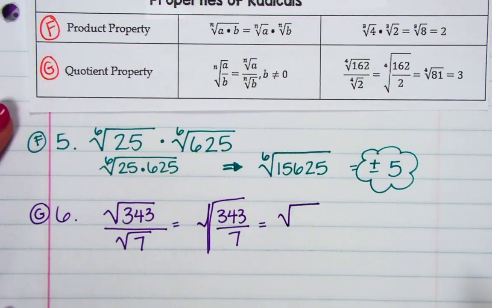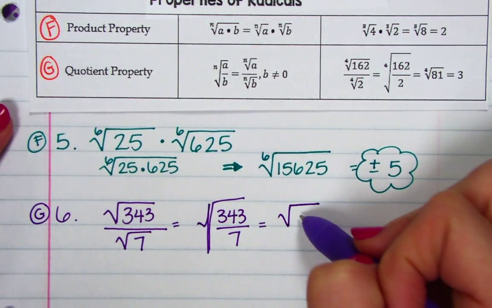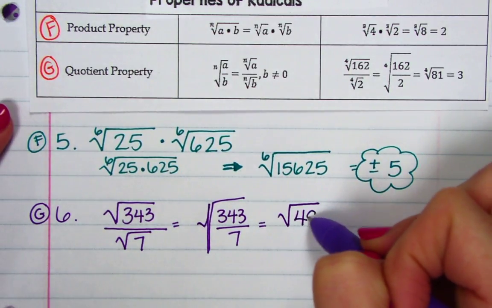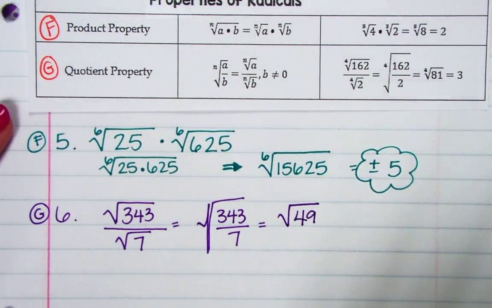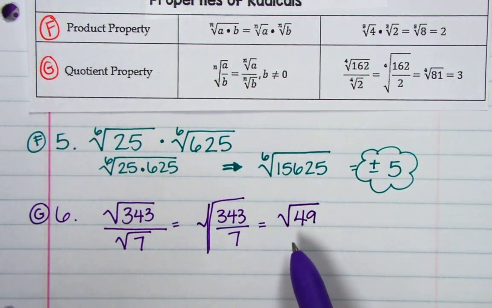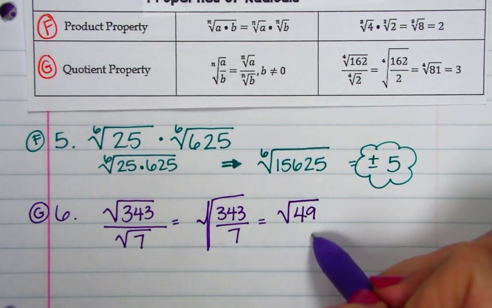What is 343 divided by 7? 49. And then hopefully if we square root this, we get a whole number. If not, then you can, again, break it down like this.